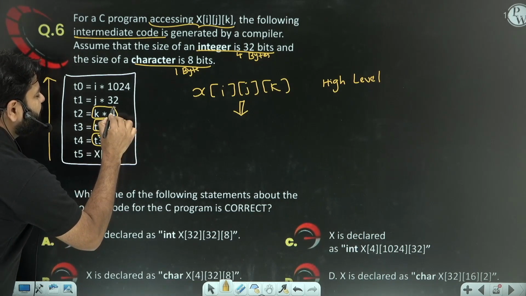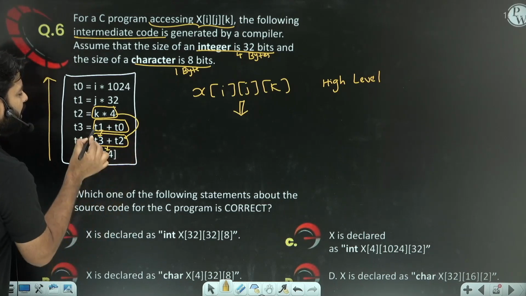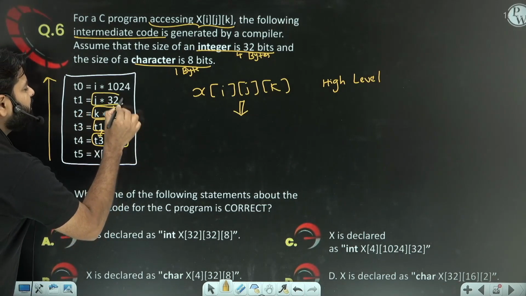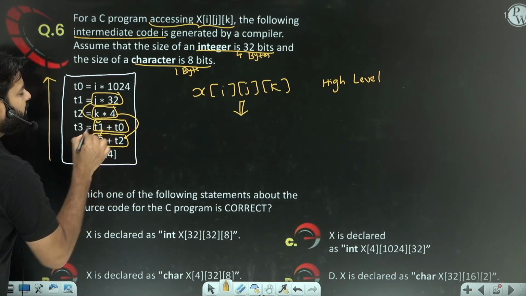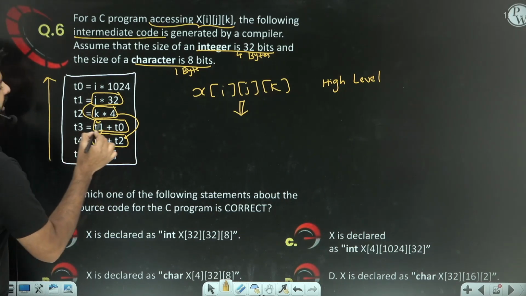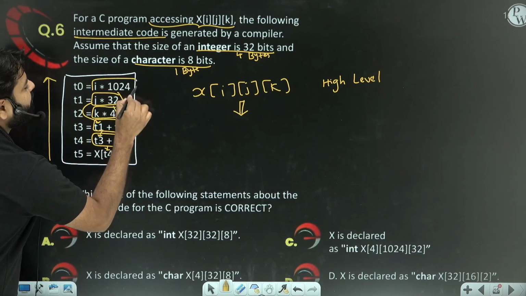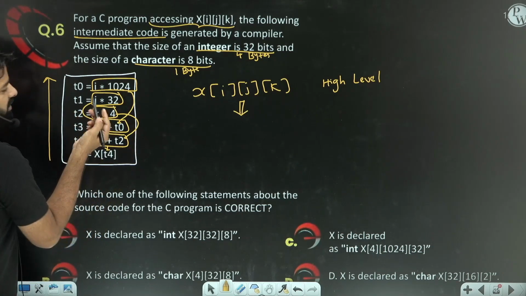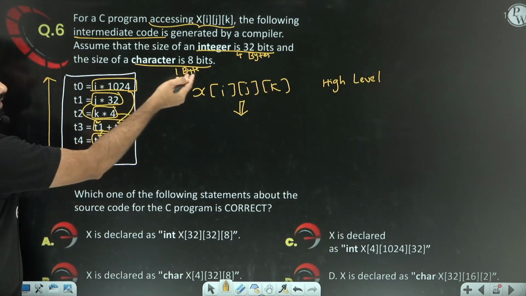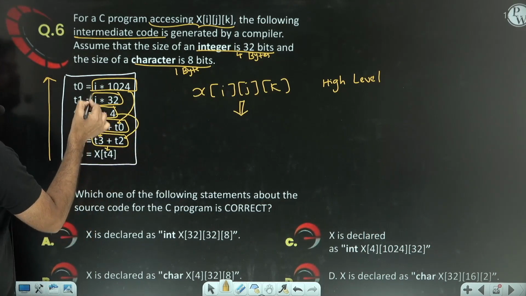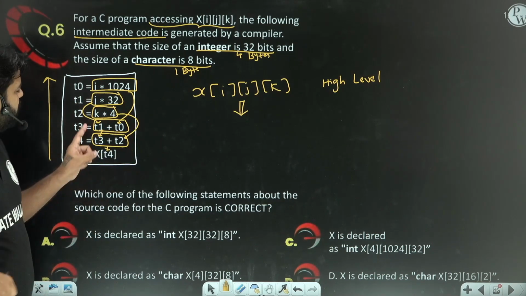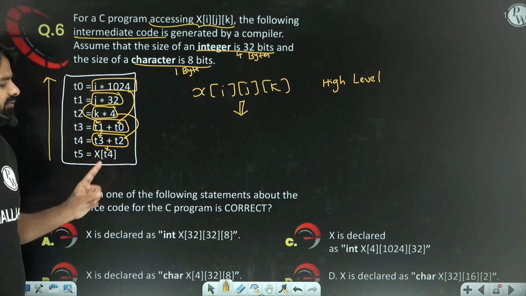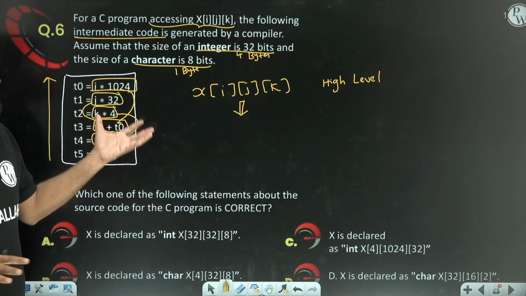That's k multiplied with 4. You have to put here. And what is T1? J multiplied with 32. That you have to put here. And what is T0? I multiplied with 1024. That you have to put here. And k is just accessing that index I J K. You can't substitute further. So T1, T0, T3, T2, T4 have to be substituted to see everything in I J K.